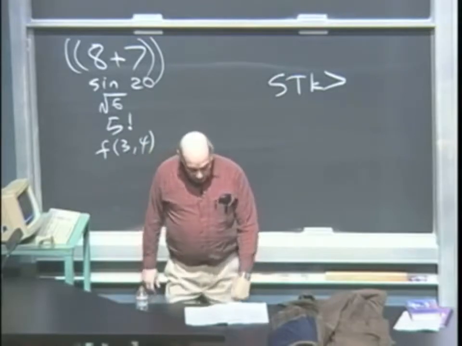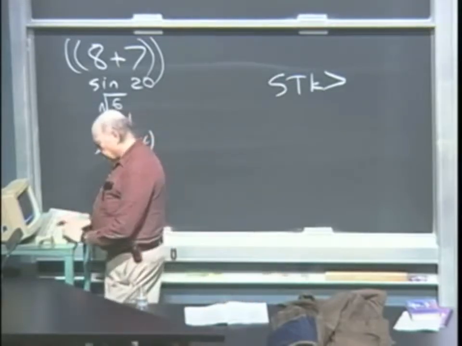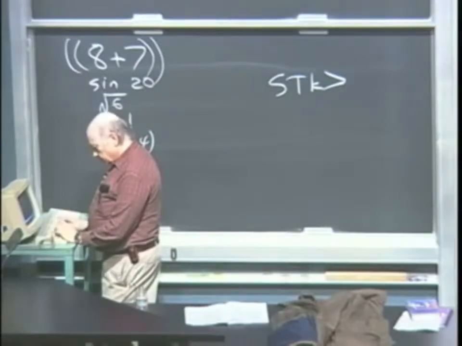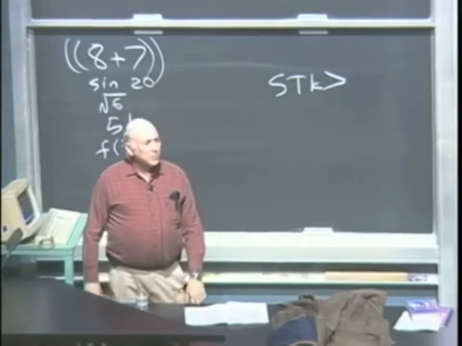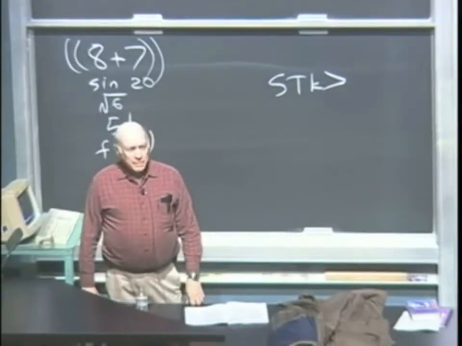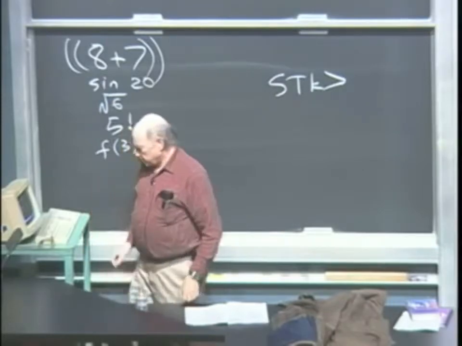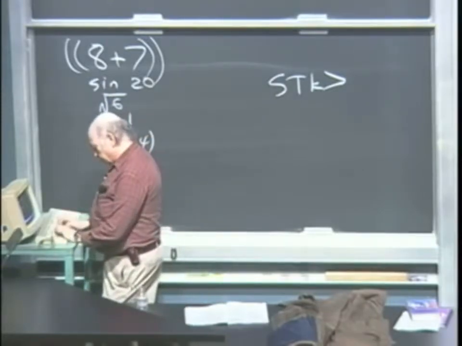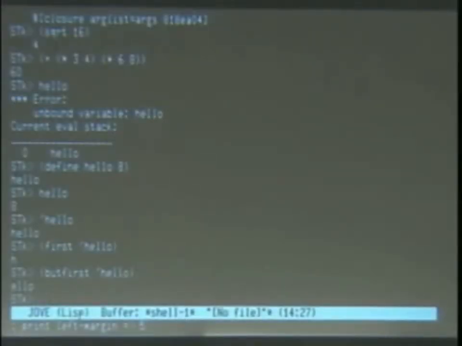OK, that's words. We can do functions of words. So first is a function that takes a word as input, and it gives you back the first letter of the word. But first doesn't mean turning around.